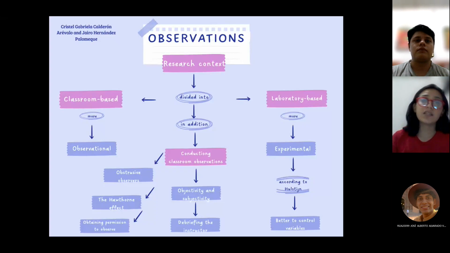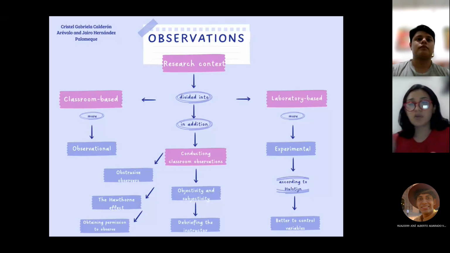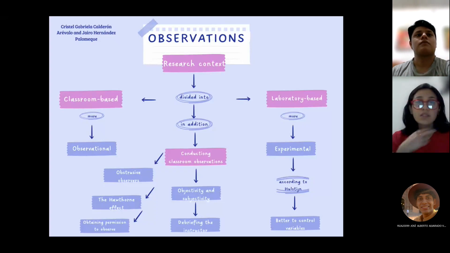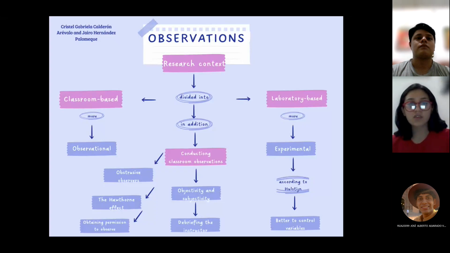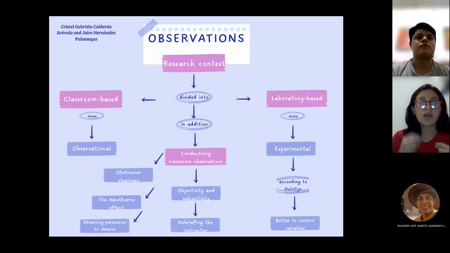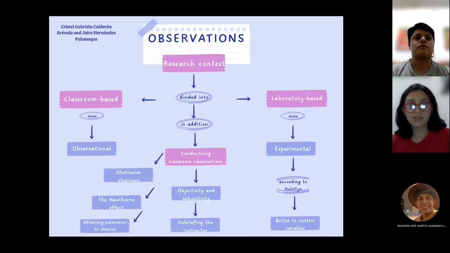For this, it is divided into classroom-based and laboratory-based according to our topic. The classroom-based is more observational. For example, you are the researcher and you are in the classroom observing the students, how is their behavior in the classroom, and making it a fact. Do you remember when you observe, you make it a fact?